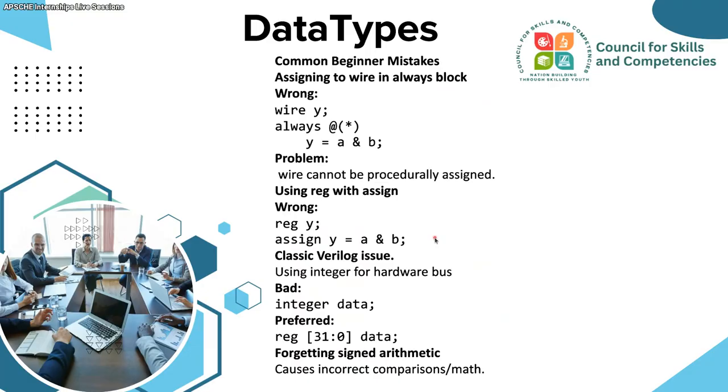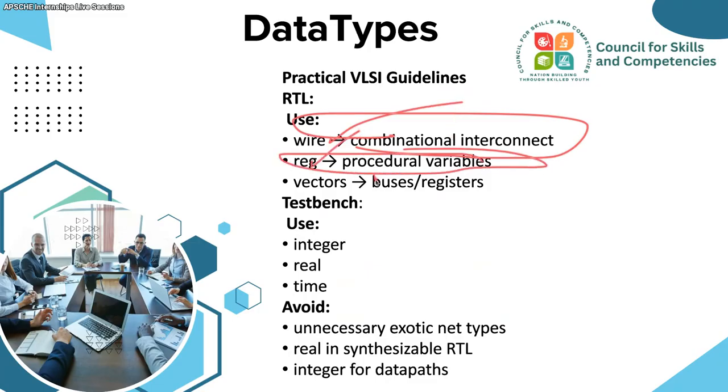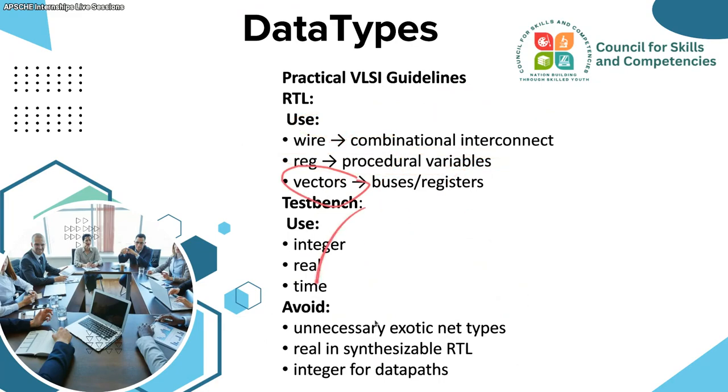For the wire, if it is a combinational interconnect, use wire, and for the procedural variable, use reg. For buses and registers, use vectors. For the testbenches, use integer, real, and time because it is only testbench code. Avoid unnecessarily exhaustive net types and real in synthesizable RTL; use integer for the data path.